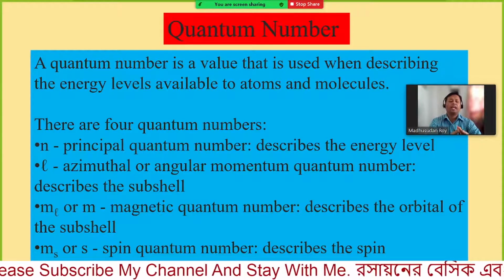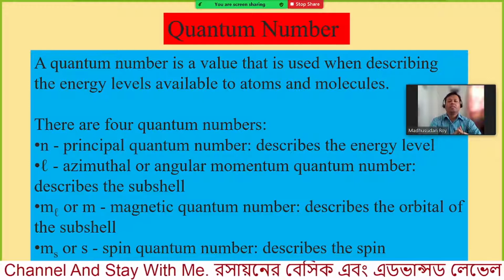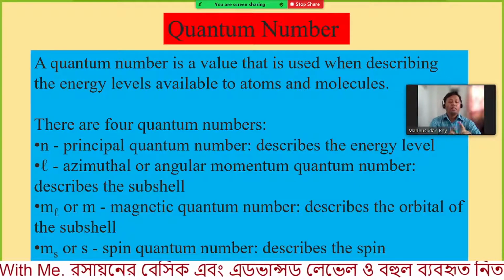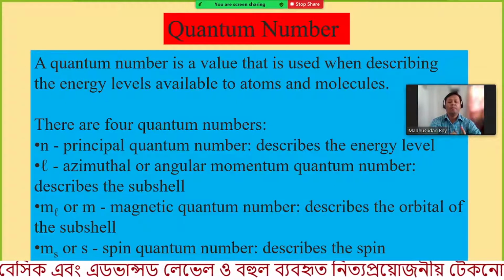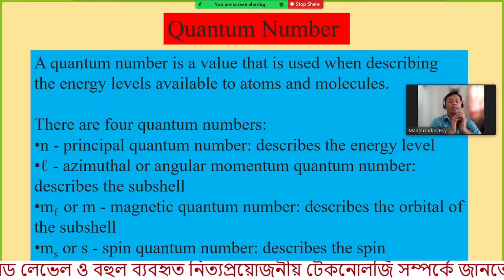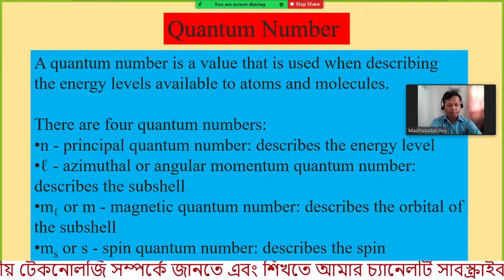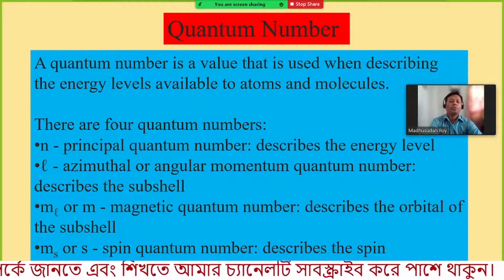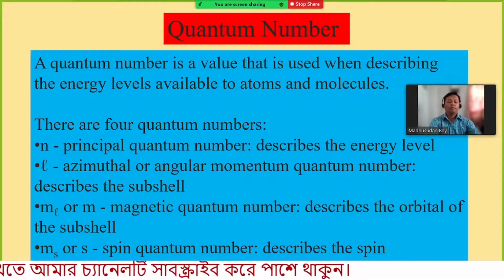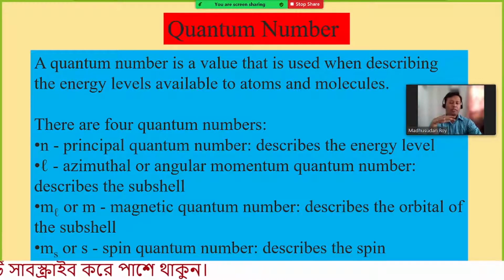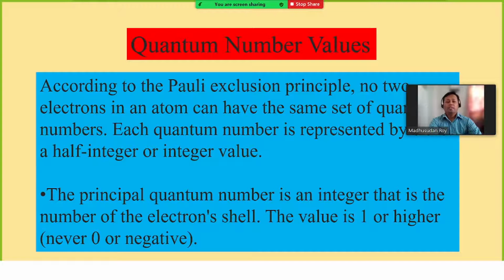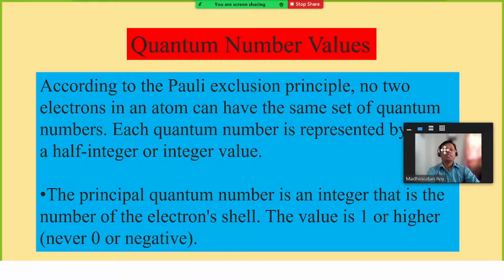So each subshell can have several magnetic quantum numbers, and every orbital can have a maximum of 2 electrons with opposite spin, which is represented by the spin quantum number, the direction of the spin of the electron. Now, we have mentioned four different types of quantum numbers: principal, azimuthal, magnetic, and spin.